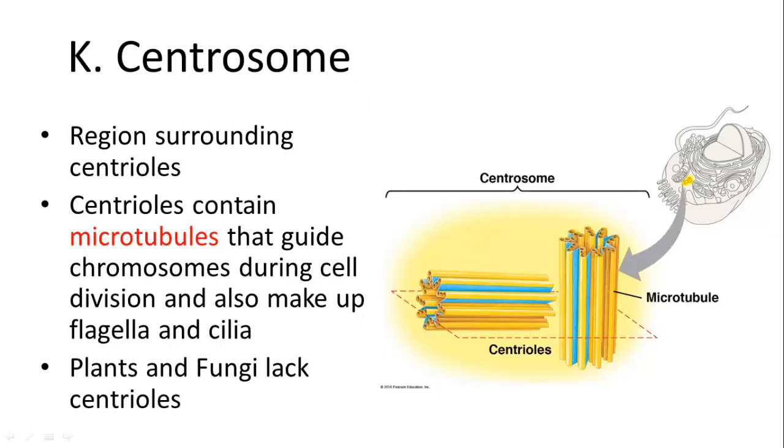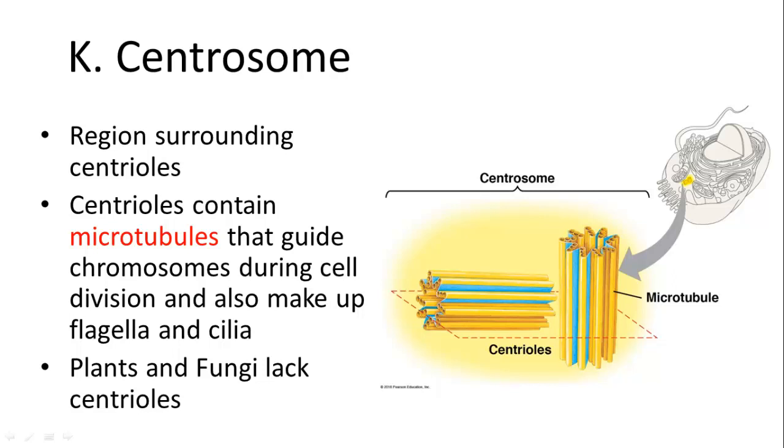All right, some things in the cell do not have an active function all the time. So for example, centrosomes, these have microtubules within them that help to guide cells and chromosomes during cell division. They're also a principal component of flagella and cilia.